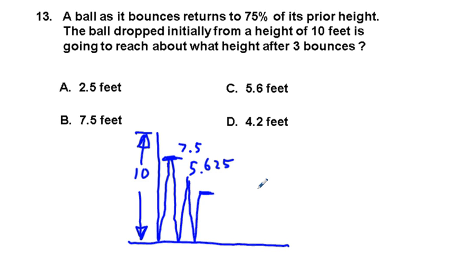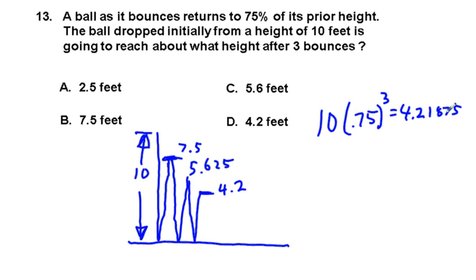And that's going to be 5.625 times 0.75. Before that, we get 4.2 feet. Another way to do this one is just say 10 times 0.75 to the power of 3. You're going to get 4.21875. Definitely our closest answer is D.